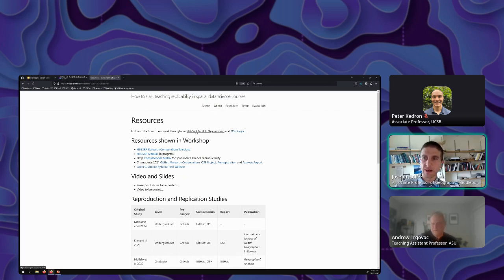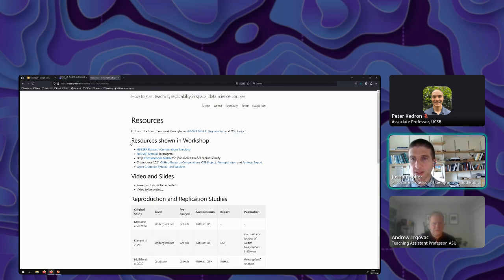So you can find all of our repositories and follow us there. And we have an OSF project where we create projects that link to those GitHub repositories so that we get DOIs for them. And that's where we can register our pre-analysis plans, our post-analysis reports, and our preprints. And so those are on there.